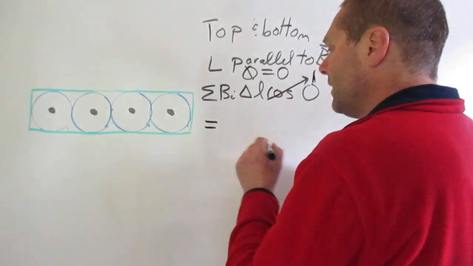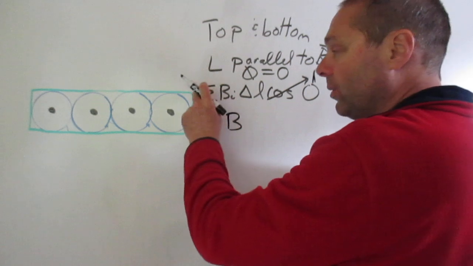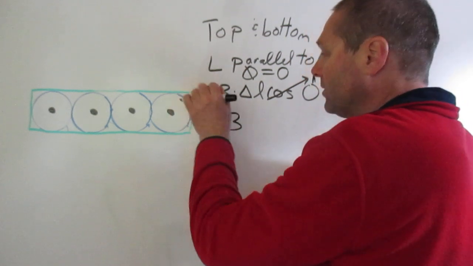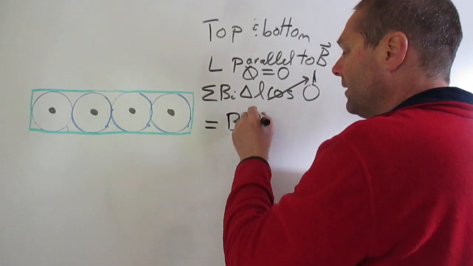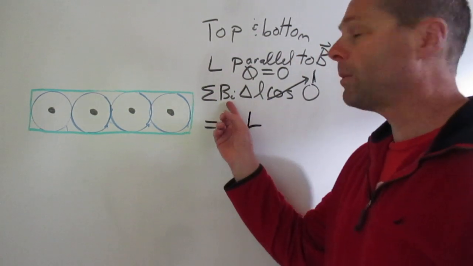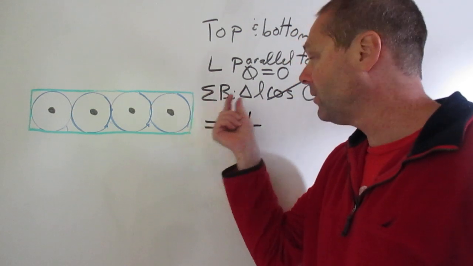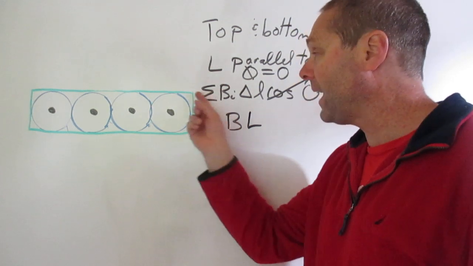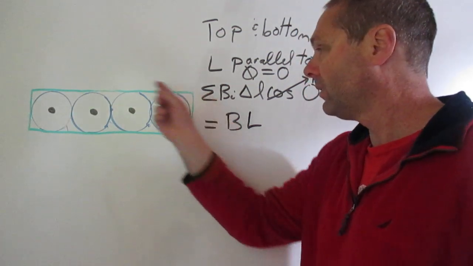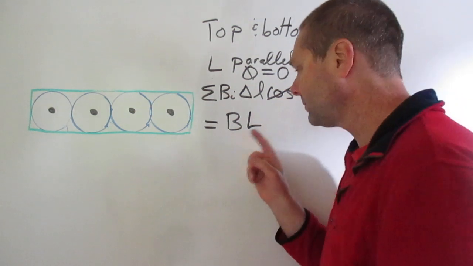Now this then becomes equal to B, the sum of each individual magnetic field. And if we sum up all the little delta L's we have along there, this becomes L. So if we sum up all the tiny incremental magnetic fields for every delta L, we're going to get the total magnetic field for the entire length of this box, and L represents the length of the box.